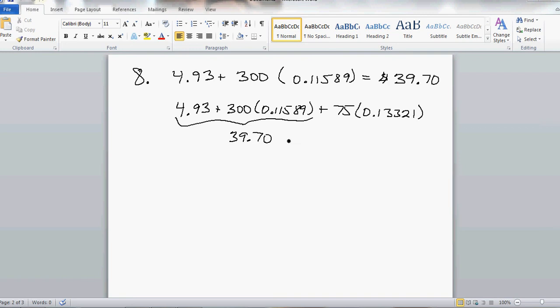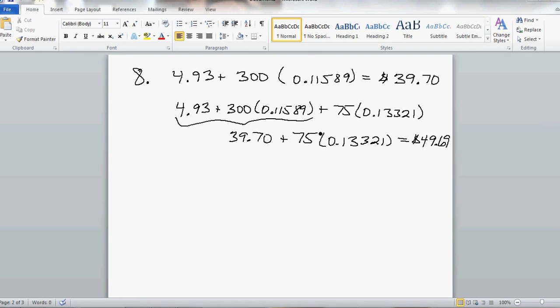We just got done calculating that. And then if we add in this 75 times 0.13321, it all equals out to be $49.69. So that last 75 was almost $10 right there.